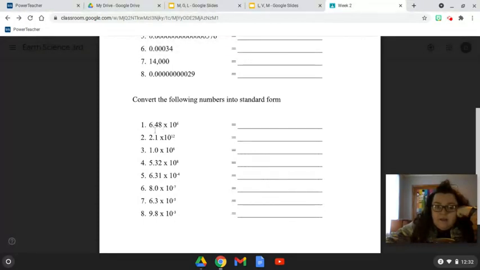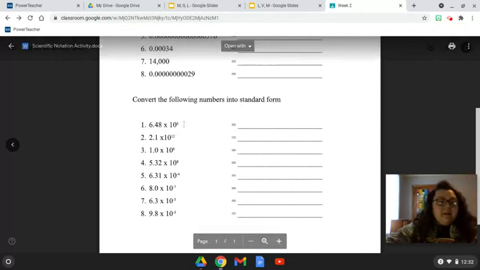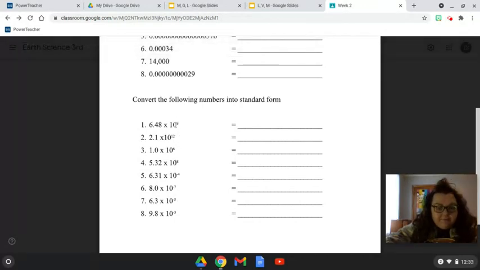If we take that number, 2, away from 6, we get 4. So then we need 4 zeros. So it's going to be 6, 4, 8, 0, 0, 0, 0. So that's going to be 6,480,000.